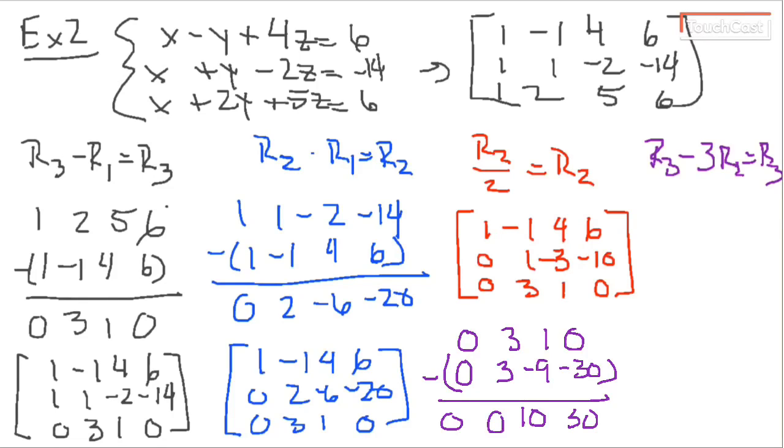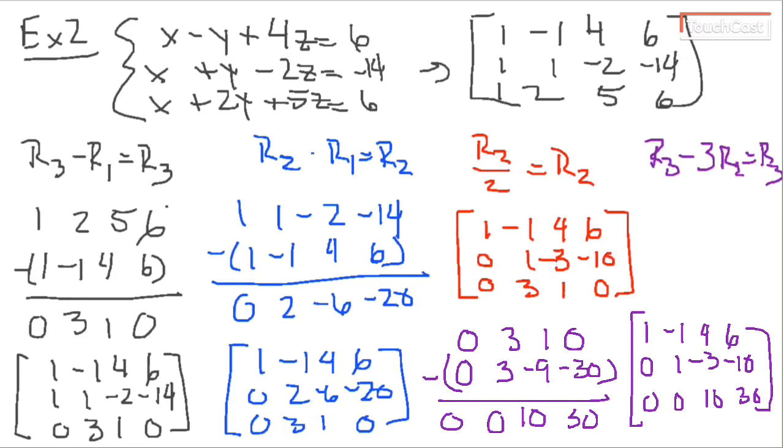So our current matrix looks like 1, negative 1, 4, 6, 0, 1, negative 3, negative 10, and 0, 0, 10, 30.